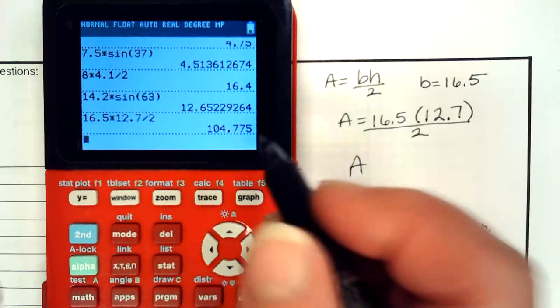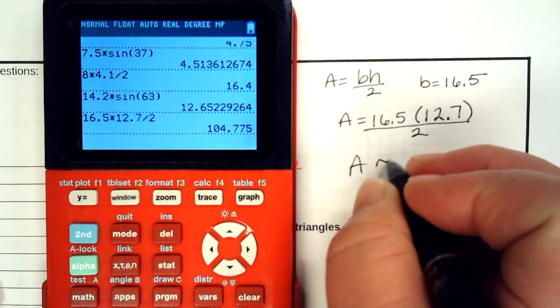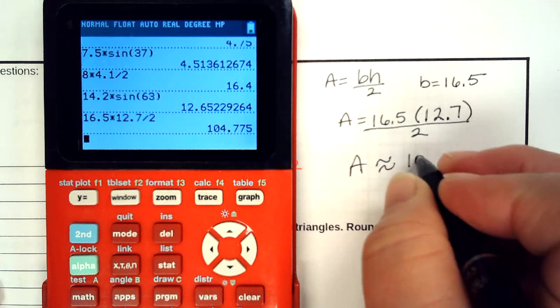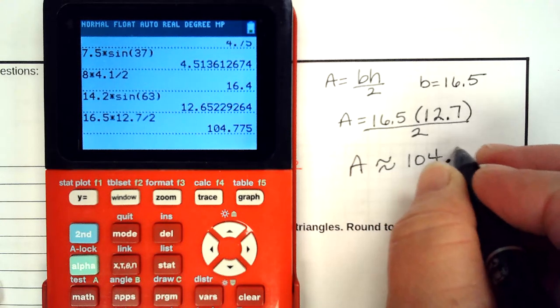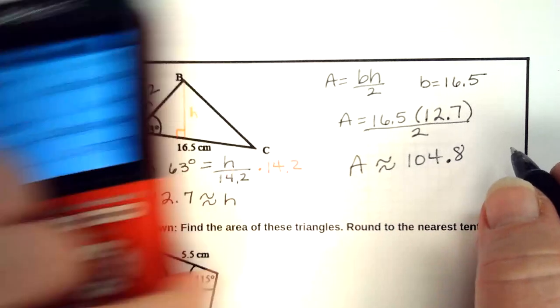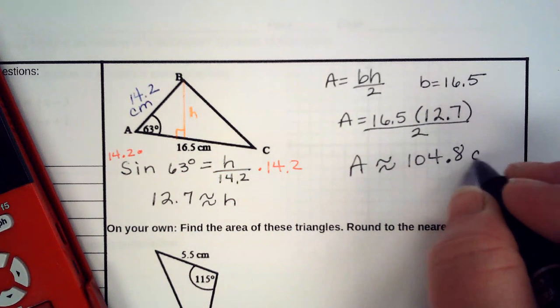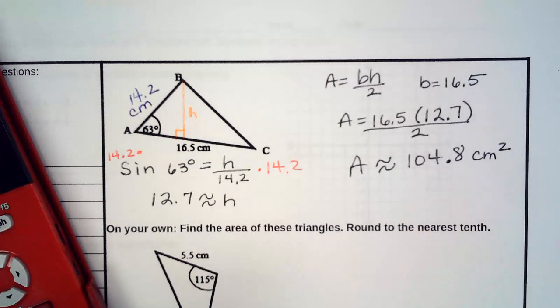And we get 104.8. So my area is approximately 104.8 centimeters squared.